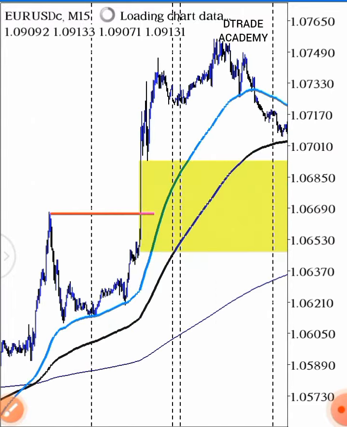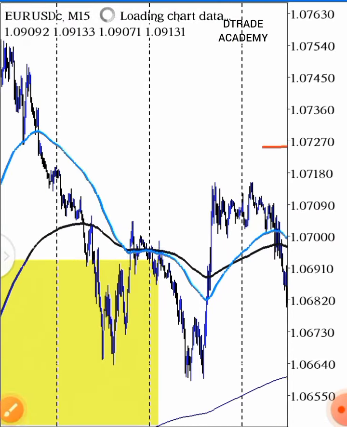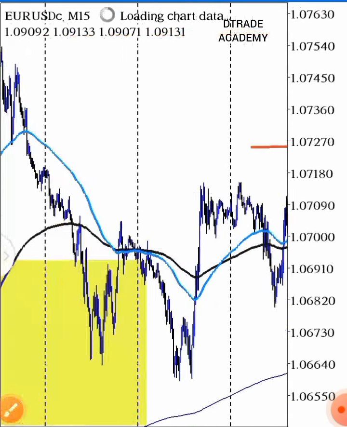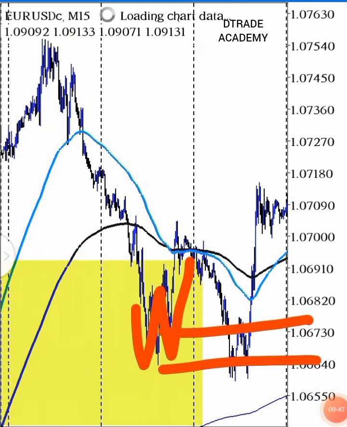This is our M15. For our M15, remember I said when we have a W pattern, wait for price to come to test the second leg of the W pattern. After a break of structure, then we buy.